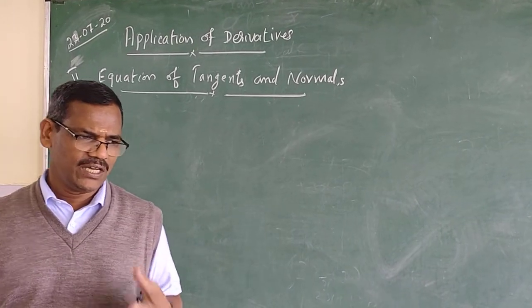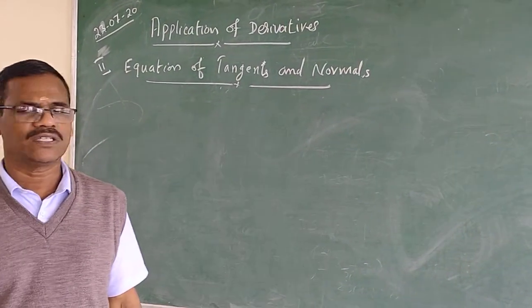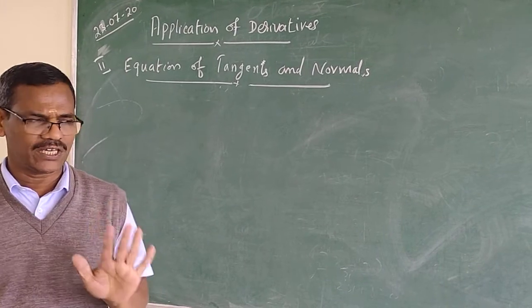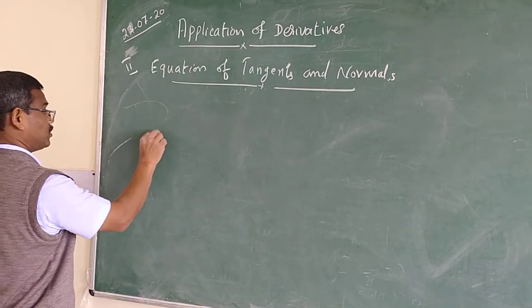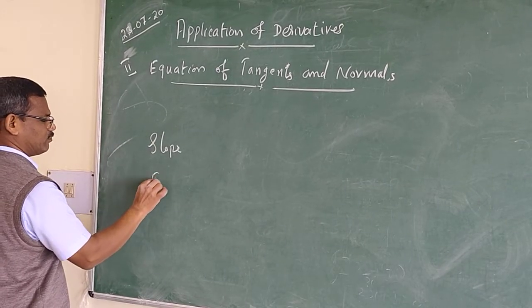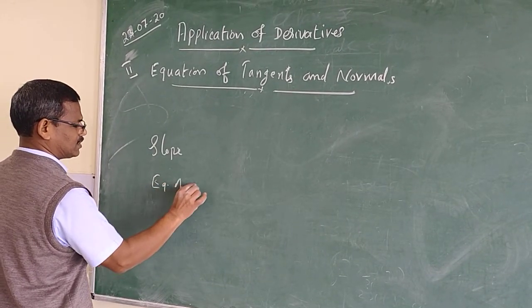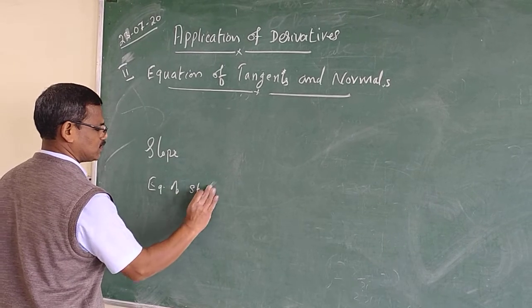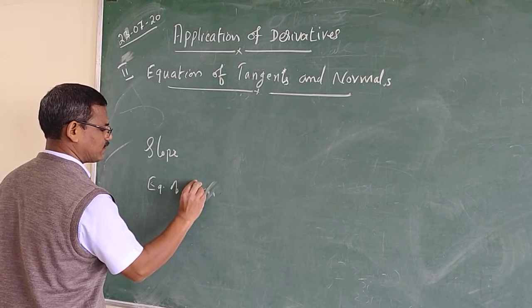You studied a chapter called the straight line chapter. There you studied what is slope, and you studied the equation of straight lines in different forms.